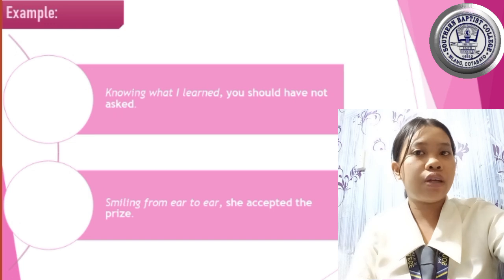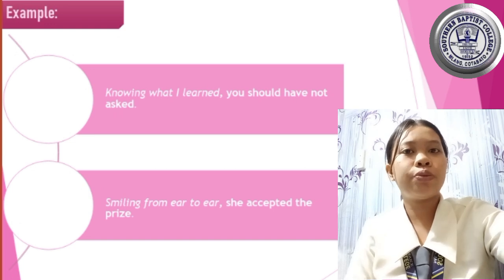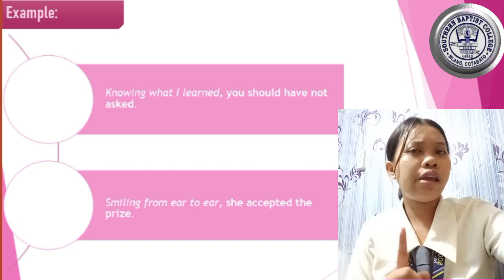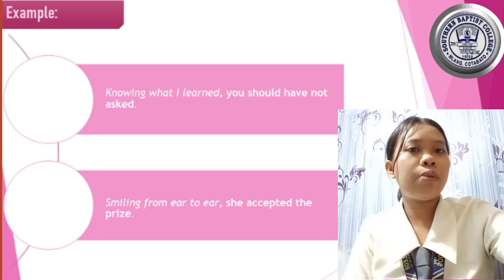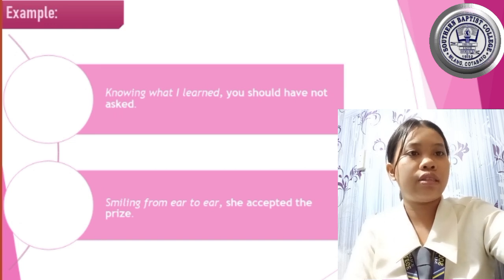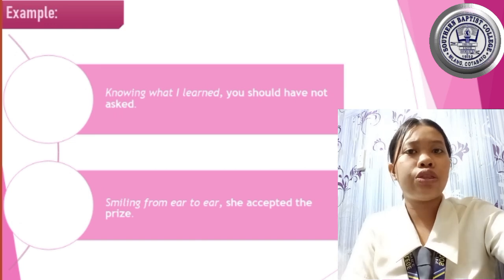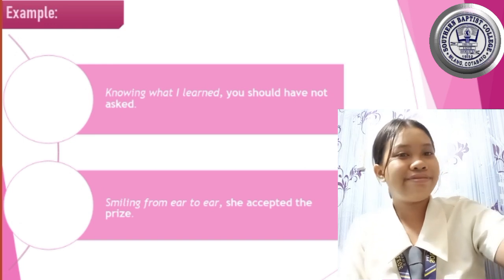These phrases serve as modifiers, adding descriptions to the sentences. Take note that when a participle phrase is added at the beginning of the sentence, it is offset with a comma. However, a comma is not used when it's located at the end of the sentence.